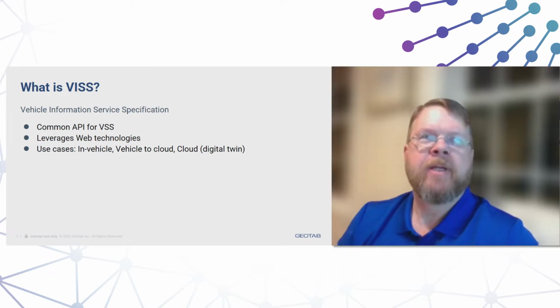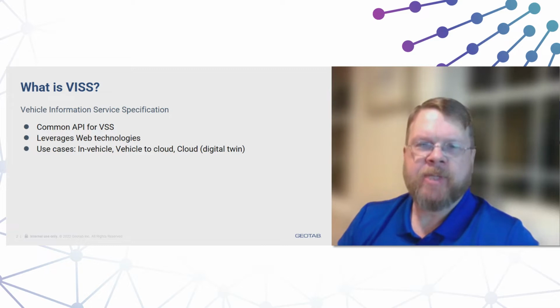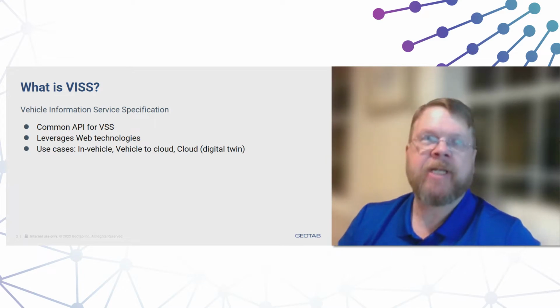So VISS stands for Vehicle Information Service Specification. It's a complement to VSS, which I hope this group has learned a fair amount about by now through other presentations. VSS is Vehicle Signal Specification, created at Covesa, formerly Genivi, and it's a common data model for vehicle signals.